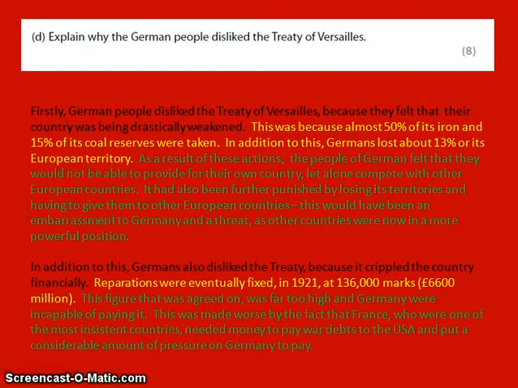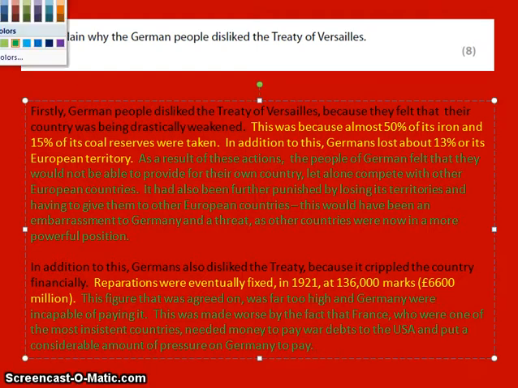Now, it might be useful for you to pause the video here and try and think about how you would link these two events. There are numerous ways that you could do it. I'm just going to demonstrate one of those down at the bottom, and I will use a different colour.